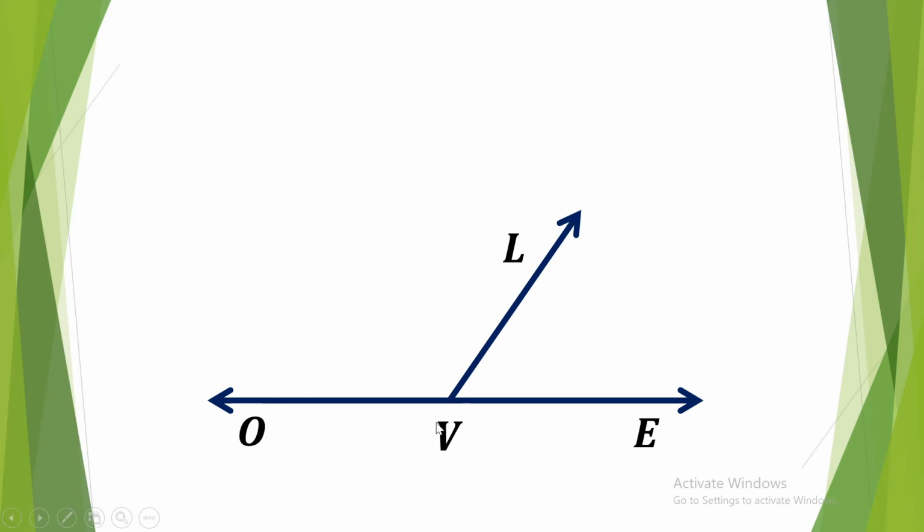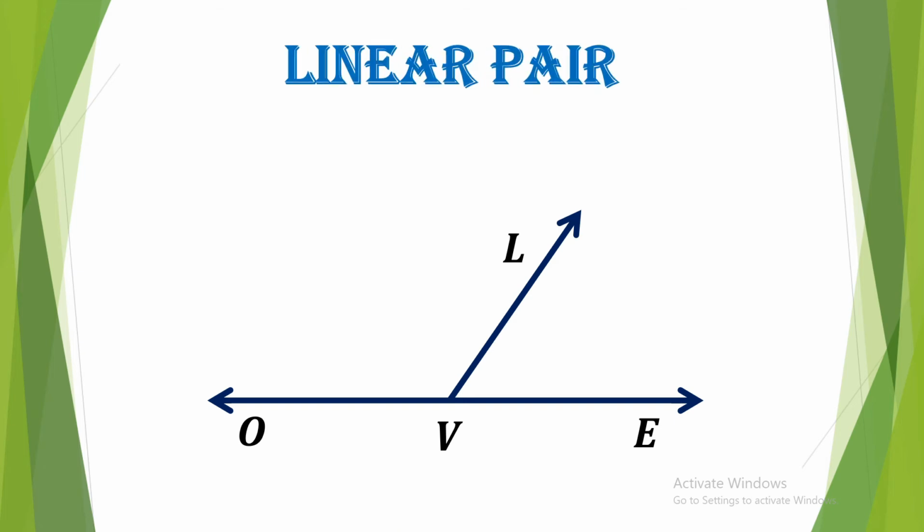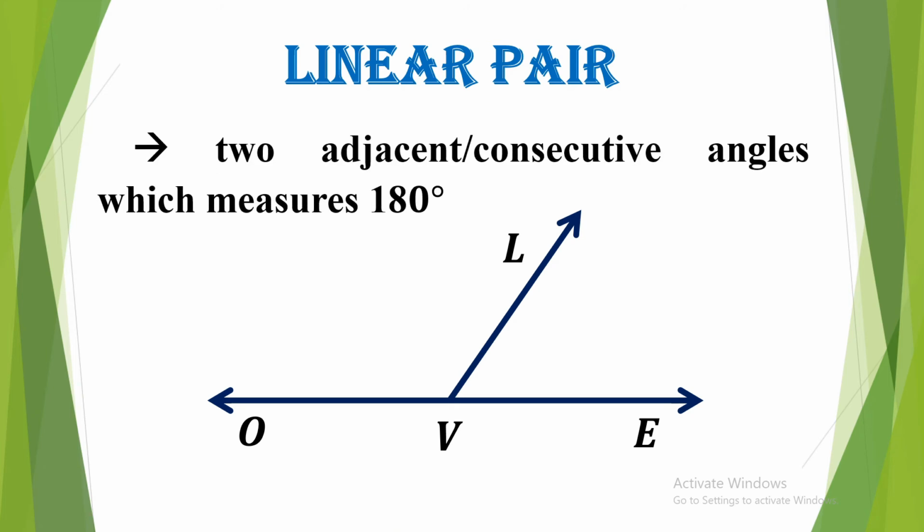And the two non-common rays form a straight line. That's why they form a linear pair. So when we say linear pair, it's two adjacent or consecutive angles which measure 180 degrees. Note that a straight angle or a straight line measures 180 degrees.